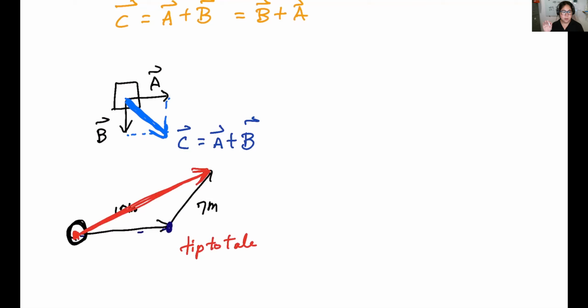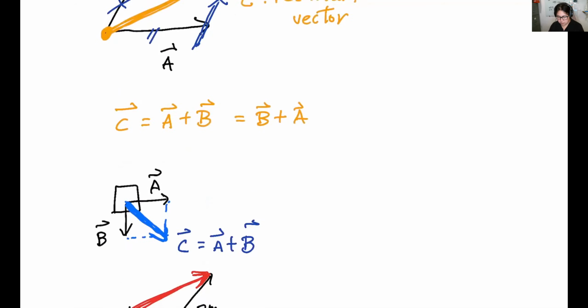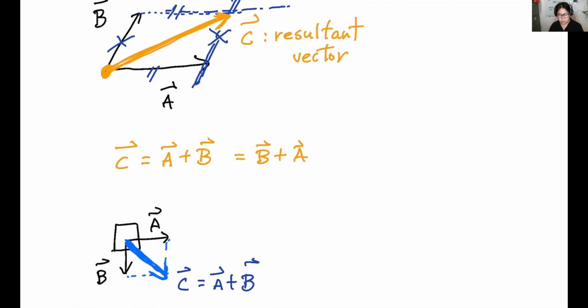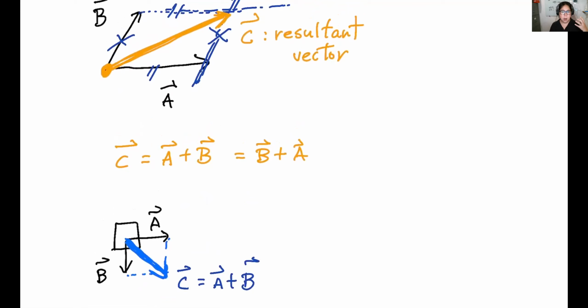So to add the two vectors, commonly for physics, especially for forces, you often have multiple forces exerted on one object. So then you need to find out what's the resultant of the force. So you have a gravitational force, friction force, maybe other forces exerted on one object.